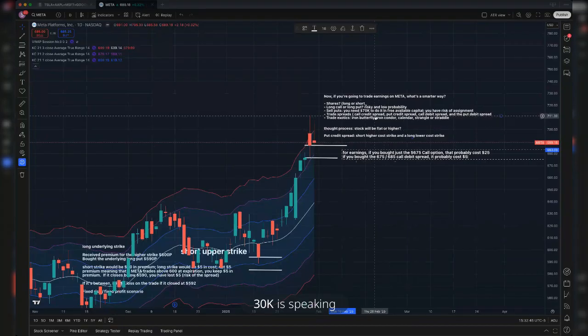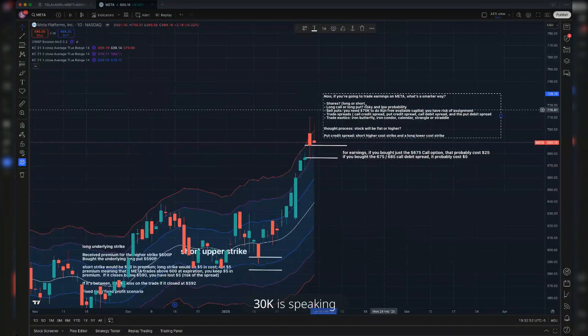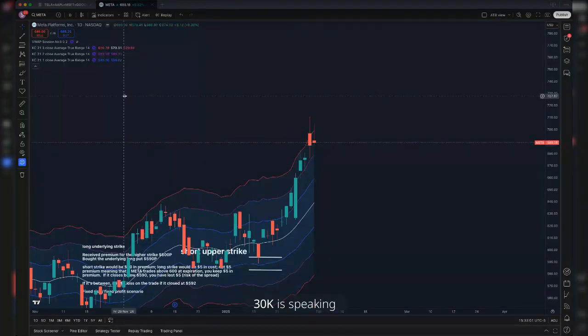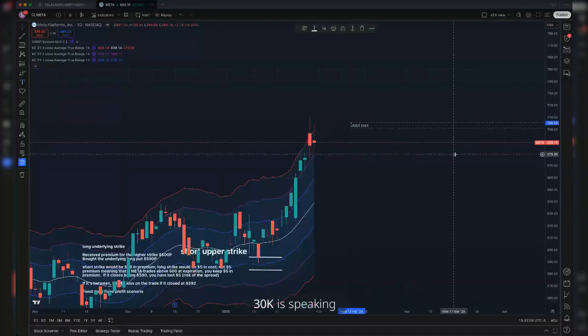But this is a fantastic way to do trading. Someone brought up the poor man's covered call, and I'm going to try to chart this in a way that makes sense. But the poor man's is essentially a longer dated long call offset by a shorter dated short call.